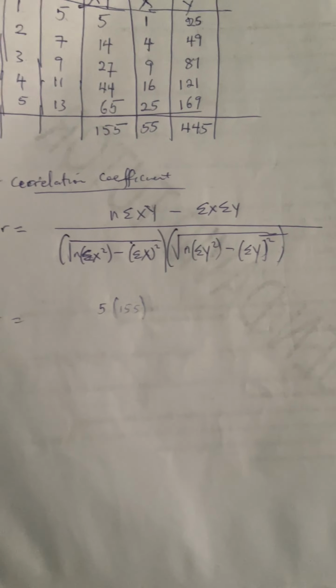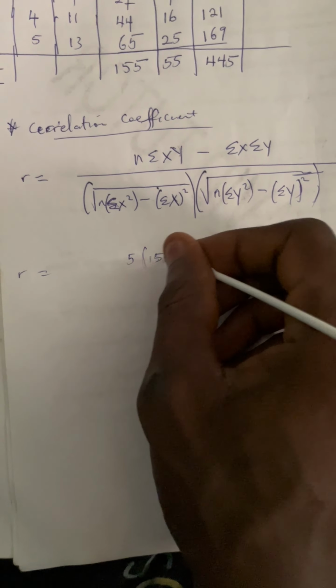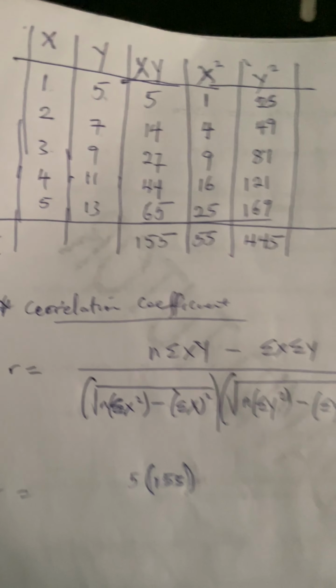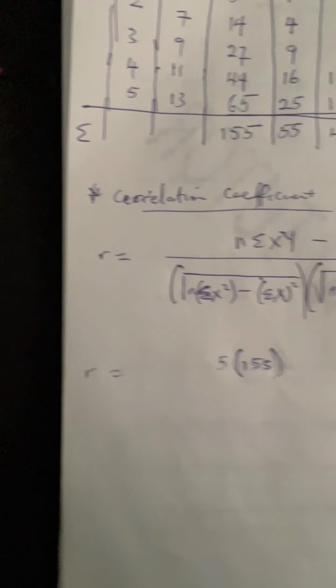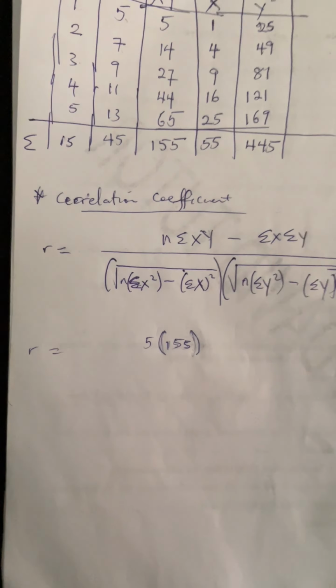Now we have 155 with this. Now summation x here will give us 15. Summation y here should give us 45.